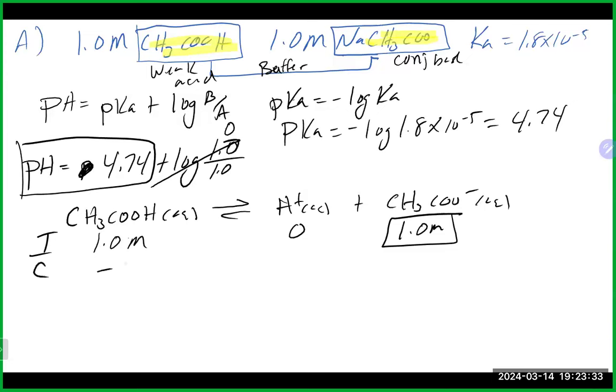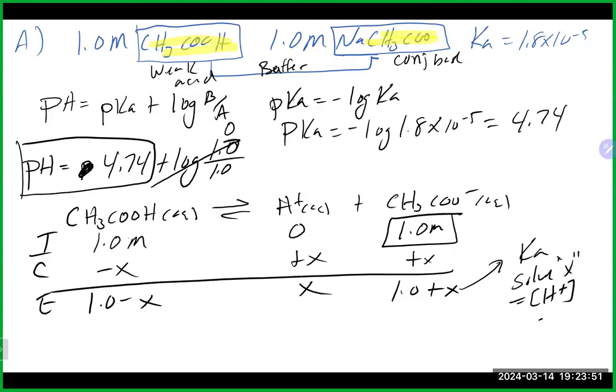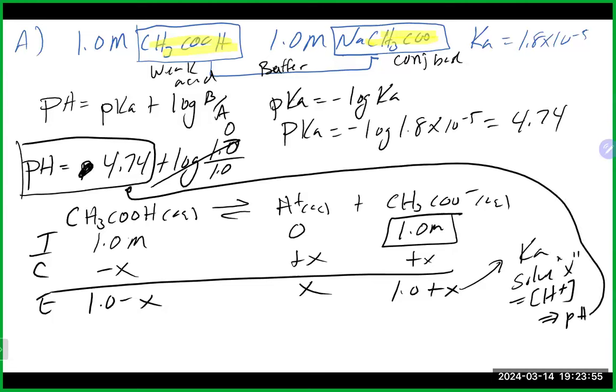The rest of the table would be kind of normal: our 1 minus x, our 1 plus x. This would go into our Ka. You would solve for x, and that would equal your H plus concentration, which then you could go into your pH and should end up with the same answer as we got there. You could make an assumption if you needed to, like normal, and you'll end up with hopefully the same answer. Any questions? Okay.